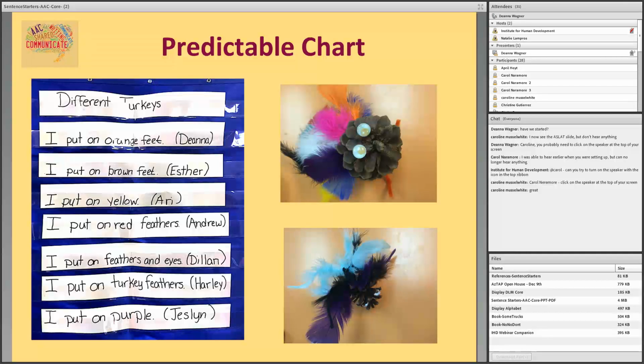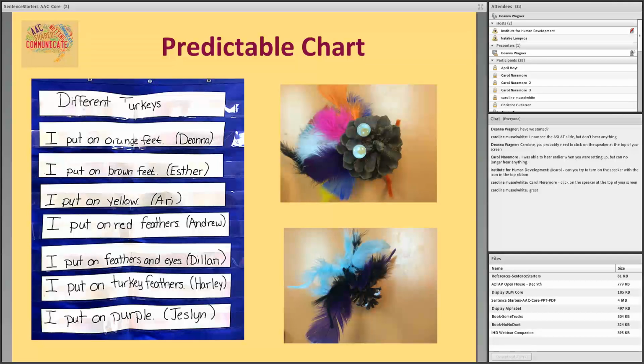And so the core word that we used for this one was put on. So we can think about different ways that we can write our frames. Here we're using the steps from an art project, and they had goals for working on prepositions.